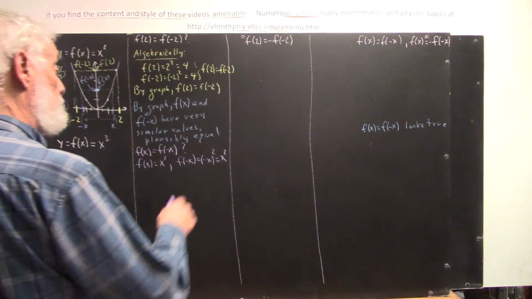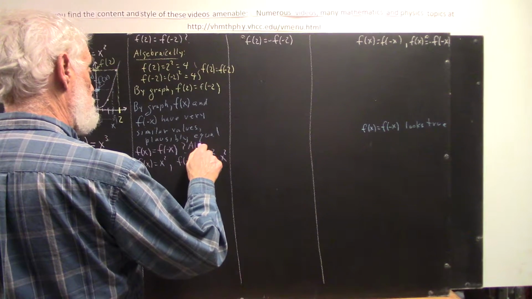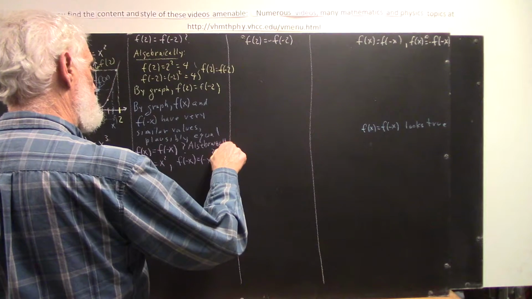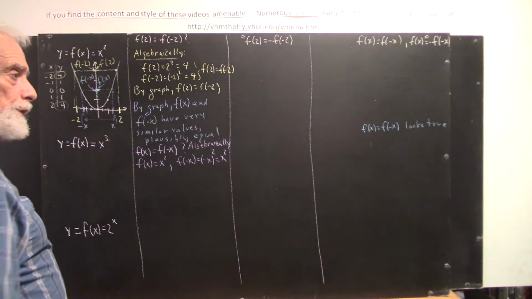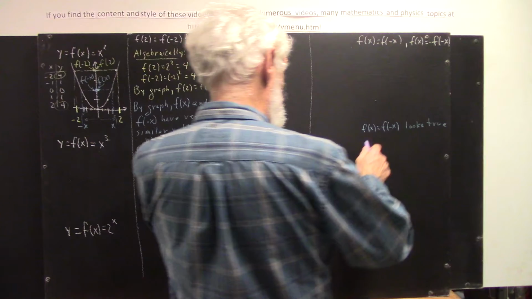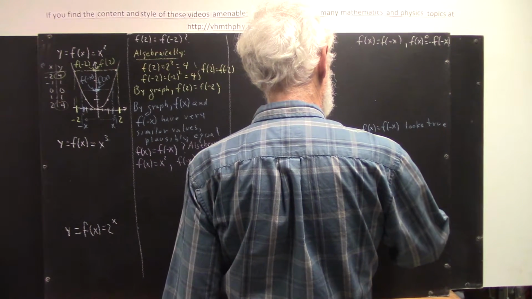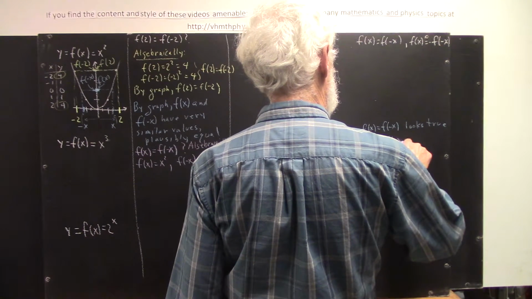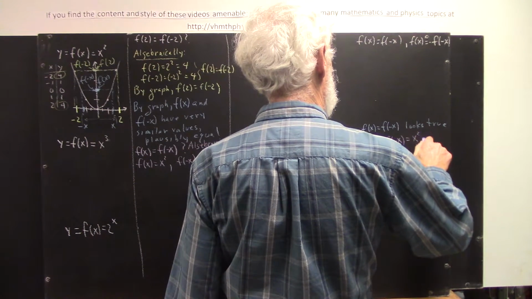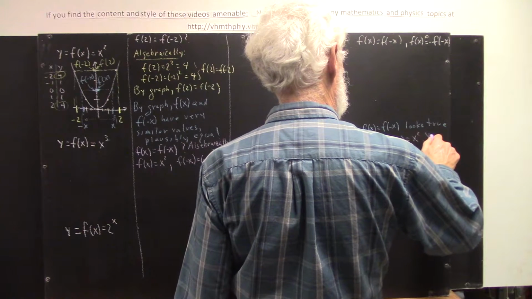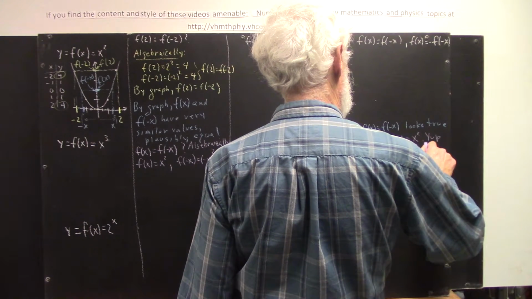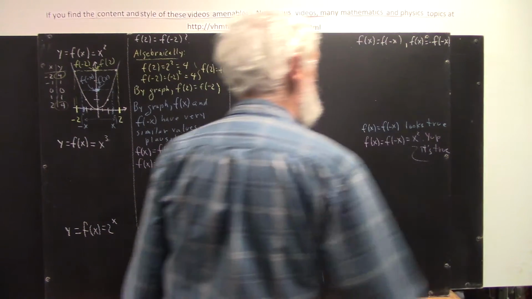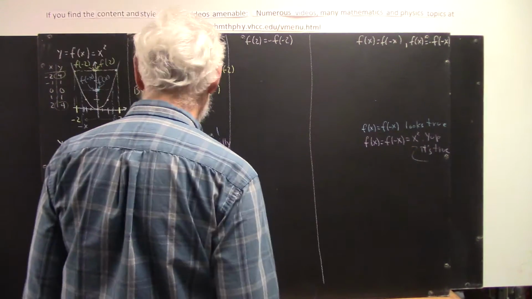So algebraically, again, we see that it's true. So we can say here that f of x equals f of negative x equals x squared. Yep, it's true. And that's an algebraic proof.